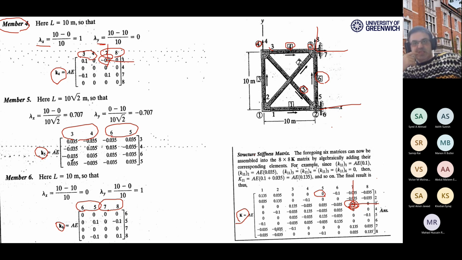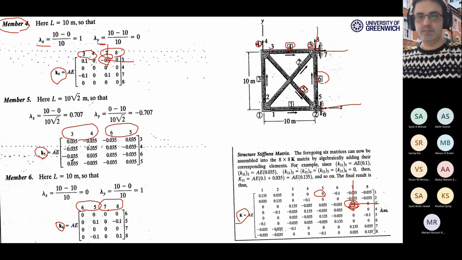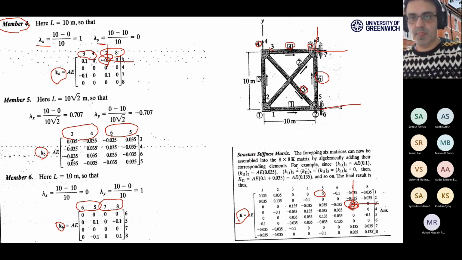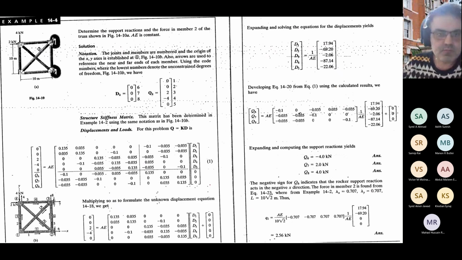The displacements are 0 because they are supports. So the bottom support is a roller, which can move along the y direction, but the top support cannot move at all. So 6, 7, 8 are 0. So if you take a look here, this is the 8 by 8 stiffness matrix, where 6, 7, 8 are 0.